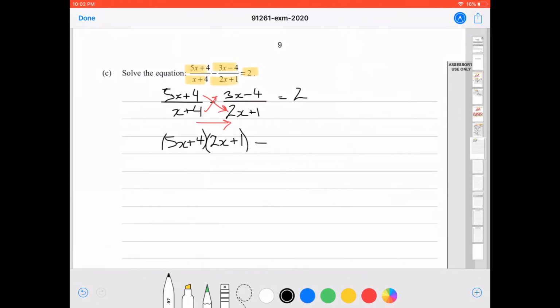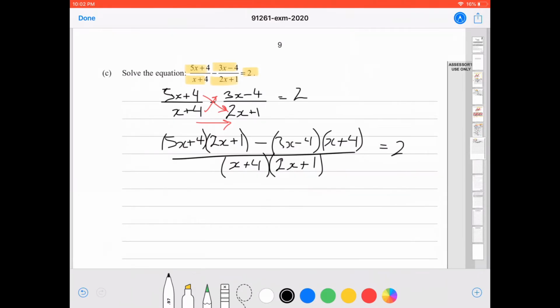So that's minus (3x - 4) and (x + 4), and this is all over multiplying the denominators, (x + 4) and (2x + 1). And that equals 2.